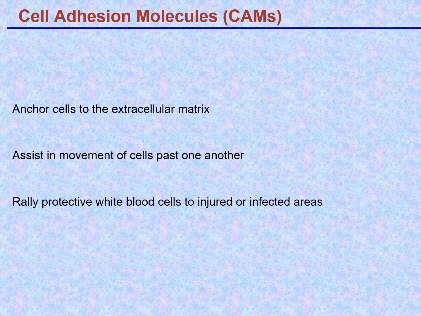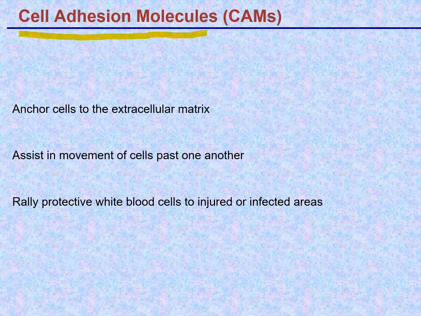Okay, let's move on to a completely different topic, away from transport. In this case, you should understand that there are molecules on the surface of cells on the outside that are called cell adhesion molecules that allow cells to interact with other kinds of molecules.